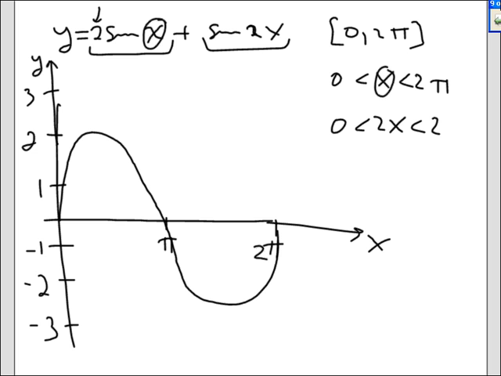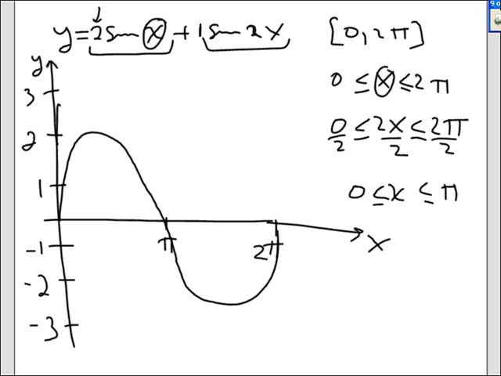Well, when that goes between 0 and 2 pi, you have 1 full sine graph. Let's see what x goes between. 0 over 2 is 0, and 2 pi over 2 is pi. That is, when x goes between 0 and pi, you have 1 full sine graph.